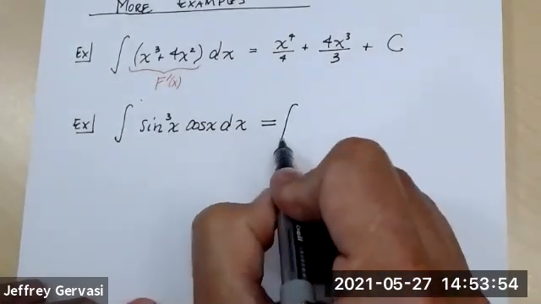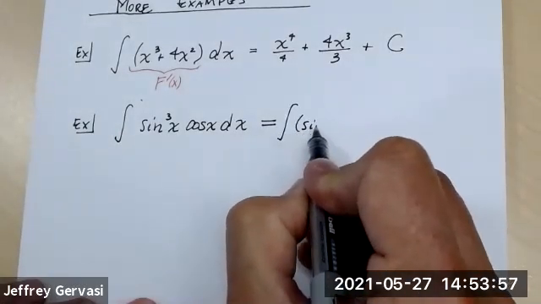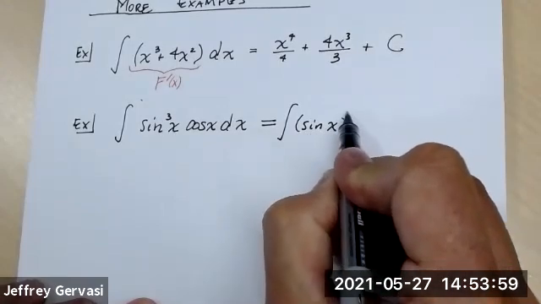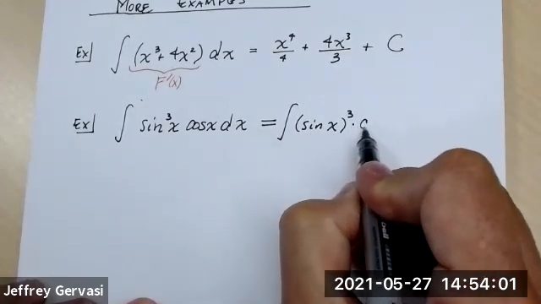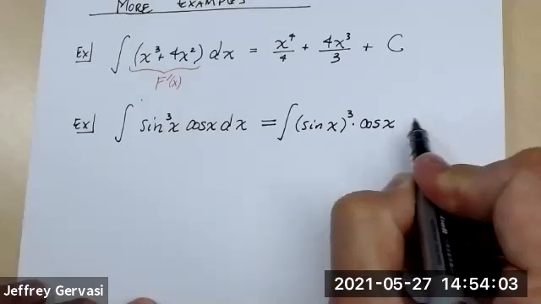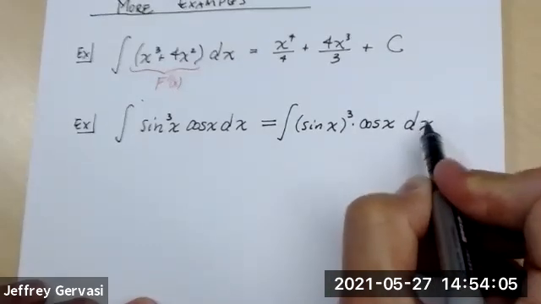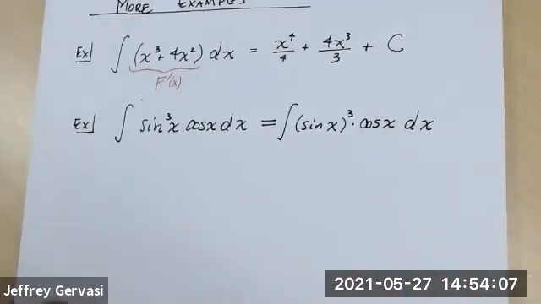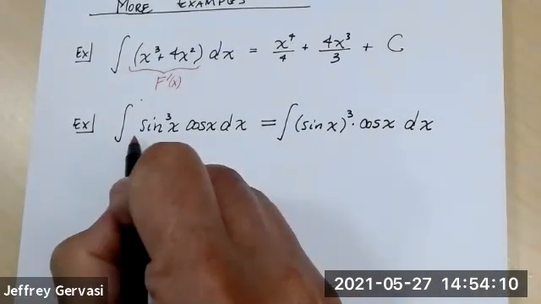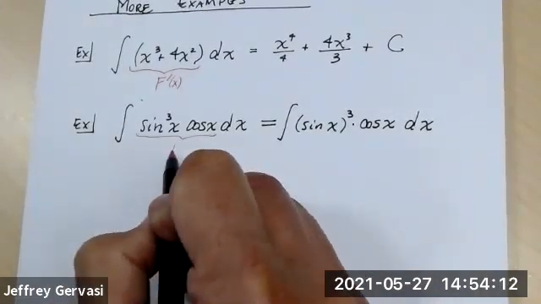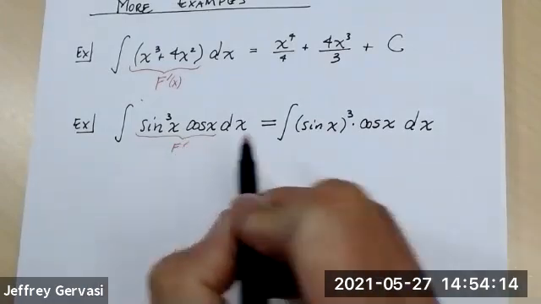Again, I'm gonna write it like this because we know that symbolically this means the same thing. Okay, right? So all of this, that's our derivative function.